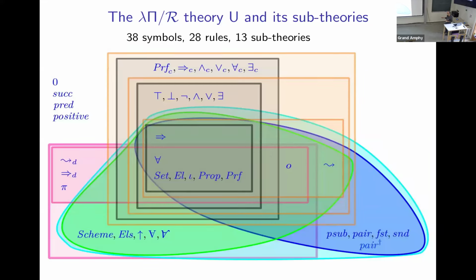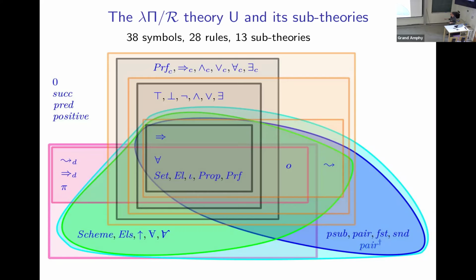So if you consider only this symbol, then you will get minimal first order logic or even propositional logic. And depending on the constants and rules that you add, you will get different proof systems, up to higher order logic and the calculus of constructions and even further, by adding some more quantification.